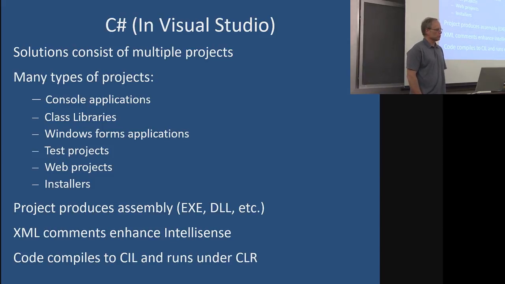Windows Forms applications like PS7 and PS8 were GUI applications that use class libraries. You did a lot of test projects, and then more recently web projects, the service projects, PS9 and PS10, and then really PS12. There was a lab where it talked about installers, so there are lots of projects.